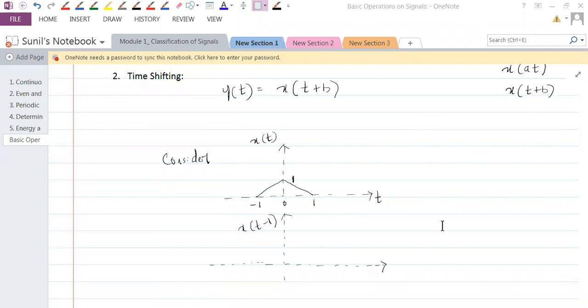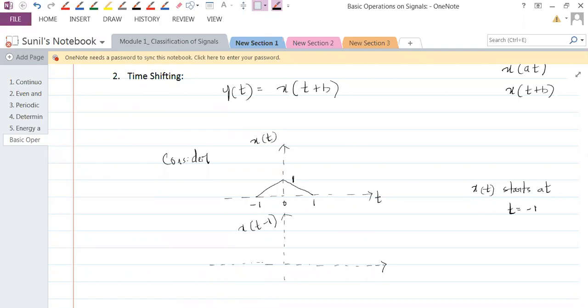See here, everybody just understand, very important, concentrate. Where is the origin of x of t? X of t's origin is here. X of t starts at t equal to -1.